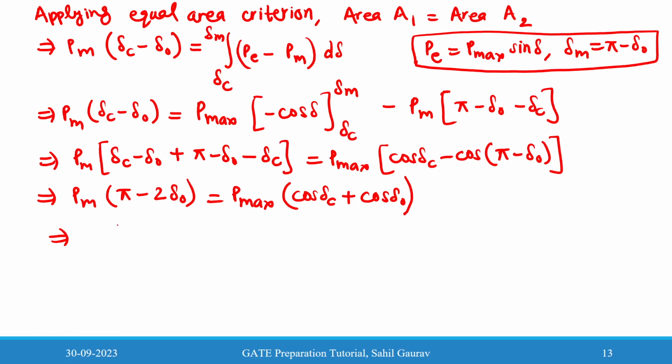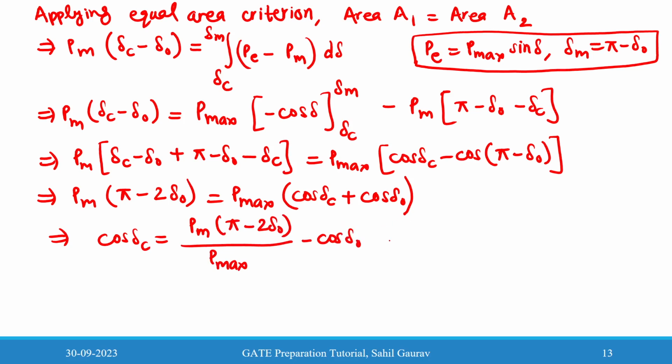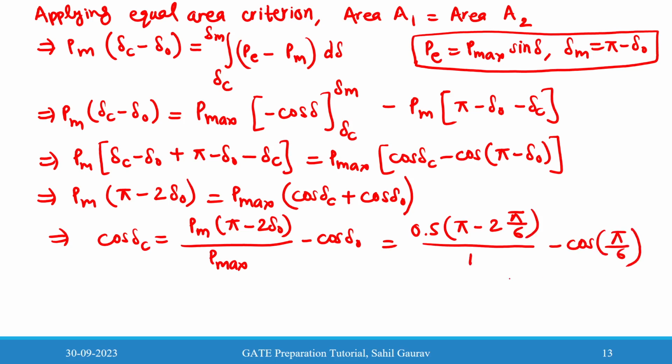So from here we can write cos delta c will be Pm into pi minus 2 delta naught divided by P max, minus cos delta naught. This will be 0.5 into pi minus 2 pi by 6, divided by 1, minus cos pi by 6.